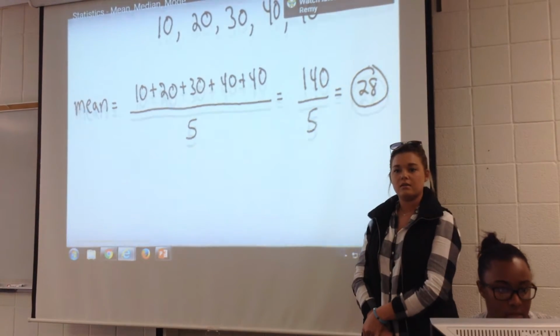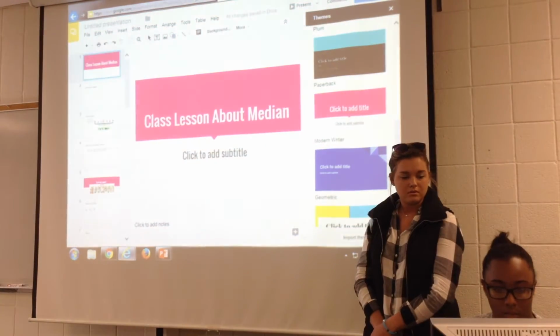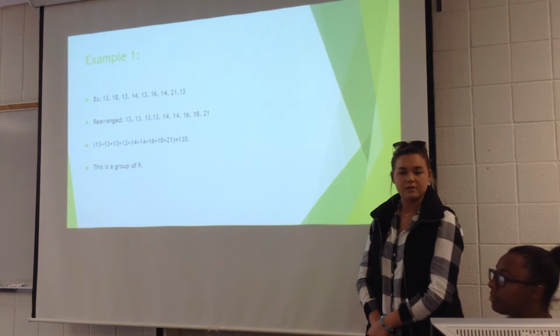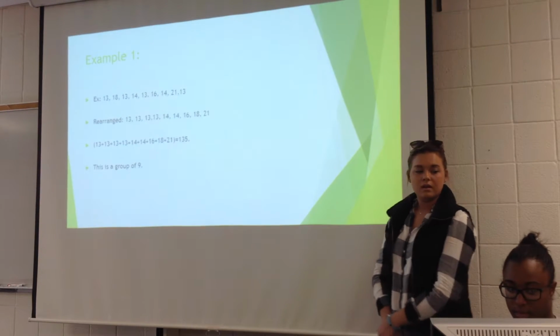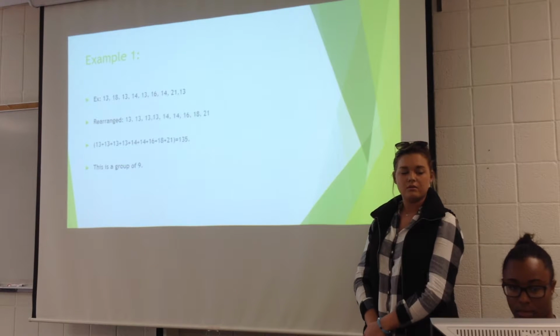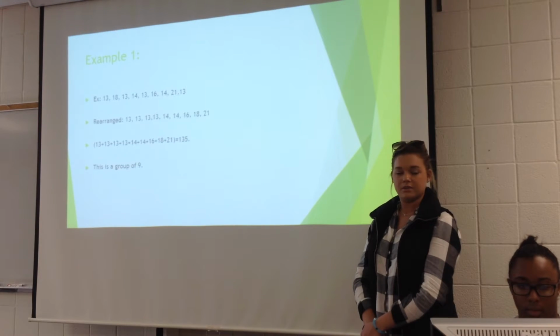Does everyone understand that? Okay, so our first example is a group of numbers 13, 18, 13, 14, 13, 16, 14, 21, and 13.